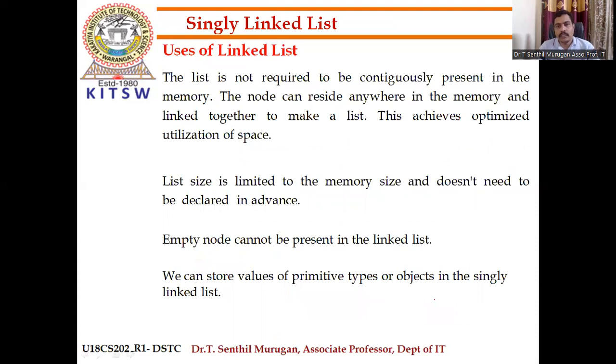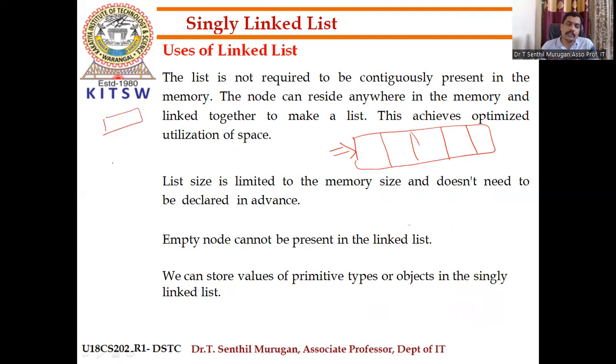So, uses of linked list: where we use the linked list, and how it is useful. The list is not required to be continuously present in the memory. If we want to add more data or records and we don't have continuous memory in the main memory, at that time we use the linked list wherever the memory is free.